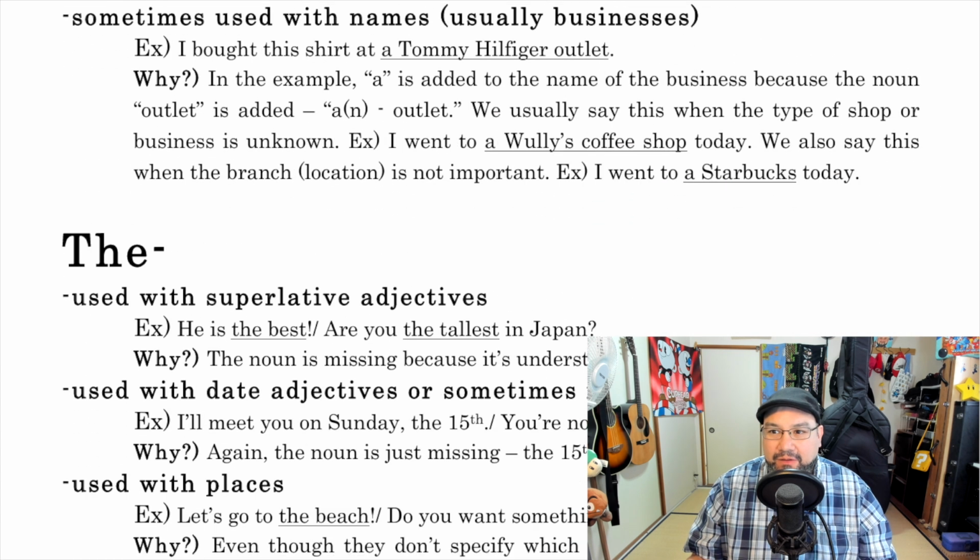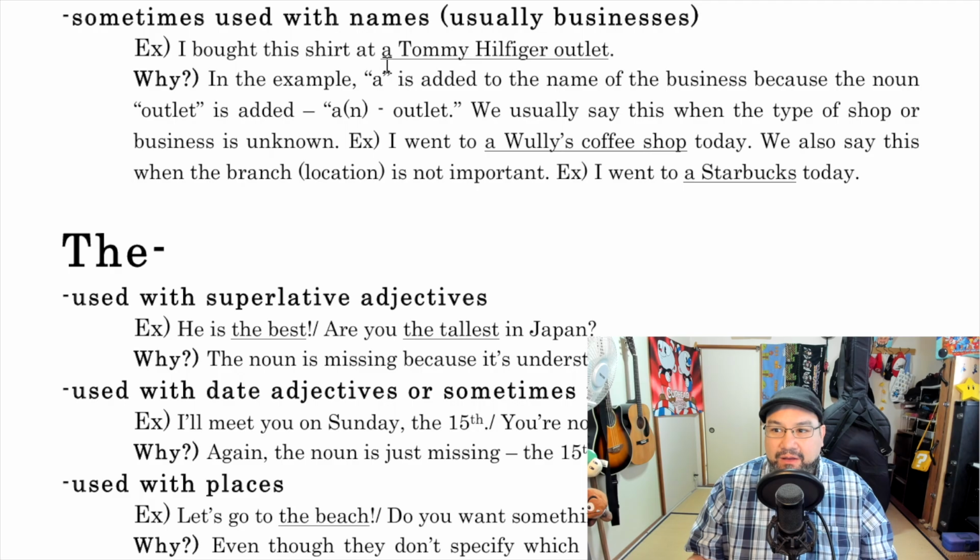Okay? Now, "a" is sometimes used with names, but usually businesses. For example, I bought this shirt at a Tommy Hilfiger outlet. Now, if it's just Tommy Hilfiger, then I bought this shirt at Tommy Hilfiger. But since there's "outlet," we use a.